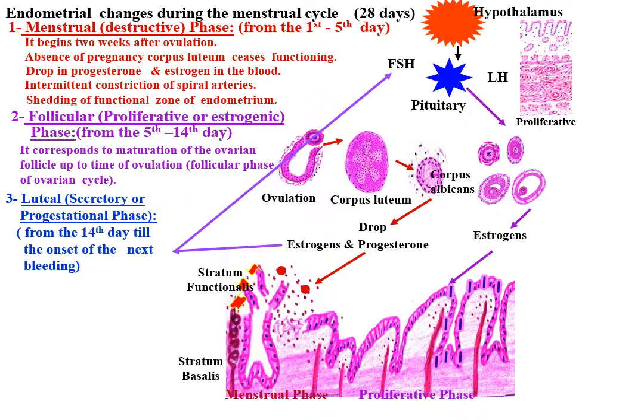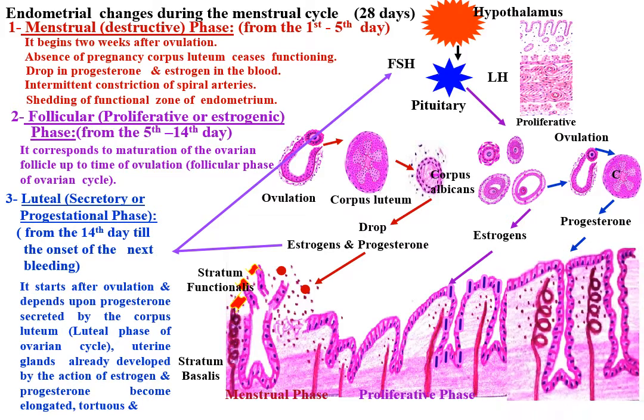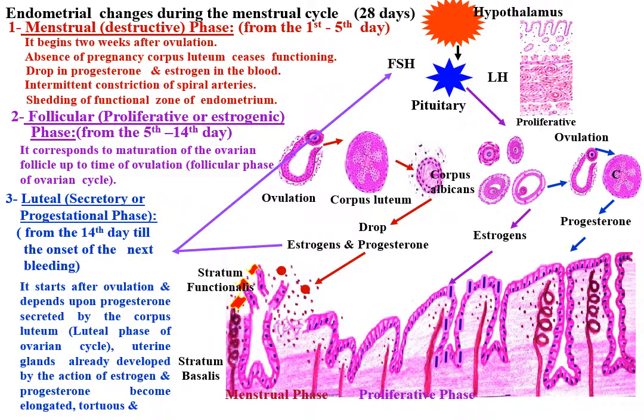Luteal or secretory or progestational phase from the 14th day till the onset of the next bleeding. This phase starts after ovulation and depends upon progesterone secreted by the corpus luteum, the luteal phase of the ovarian cycle. Uterine glands already developed by the action of estrogen and progesterone become elongated and tortuous, full of glycogen and mucoid materials. Stroma cells undergo decidual reaction.